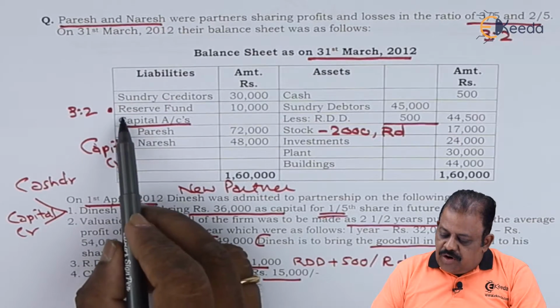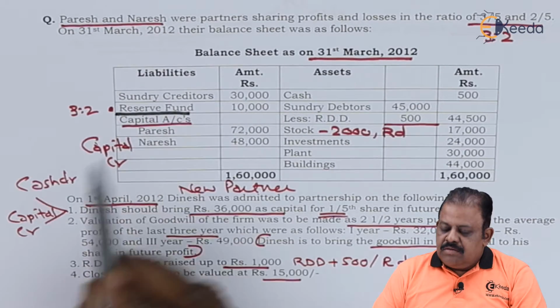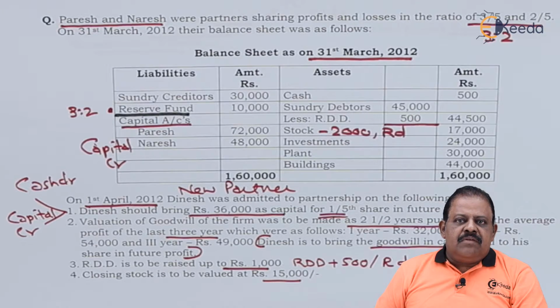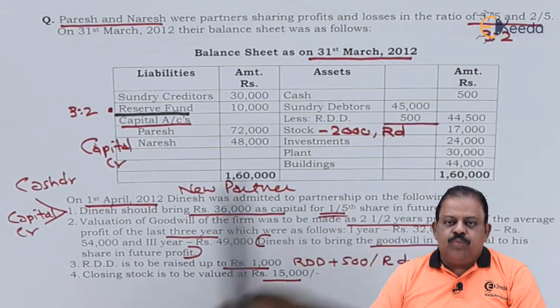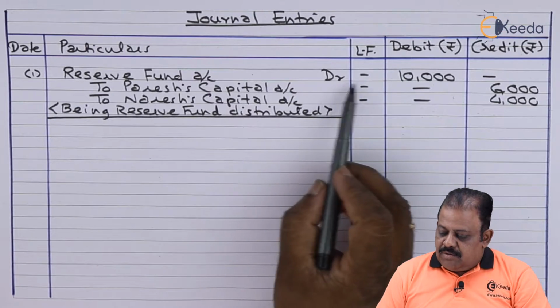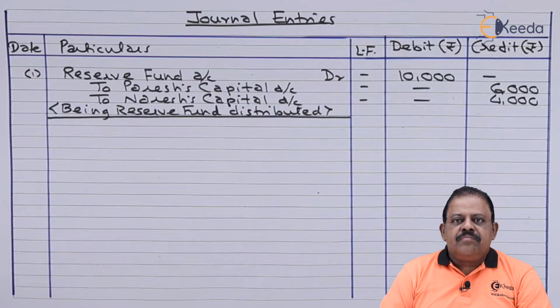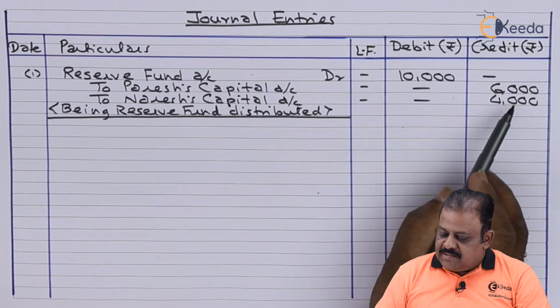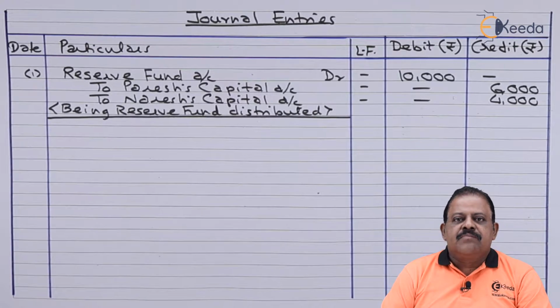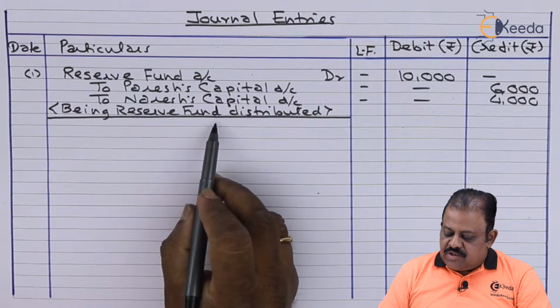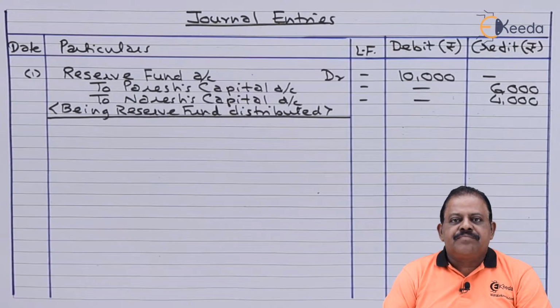First entry is for dividing reserve fund between old partners in old ratio, that is 3:2. Reserve fund account debit 10,000 to Paresh capital 6,000 to Naresh capital 4,000, being reserve fund distributed.